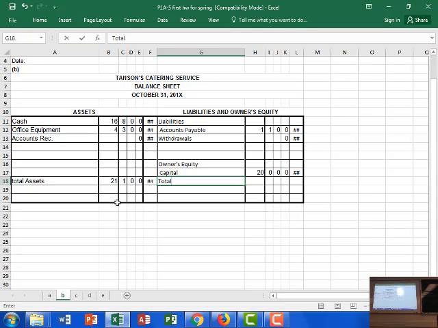Total what? Total liabilities and owner's equity, because that's what we have, right? Liabilities and owner's equity. This, we just have total assets. So it's total liabilities and owner's equity. And what is the amount? $21,100, right? Magic! They both balance out for October. Yay! Questions? Are we good?